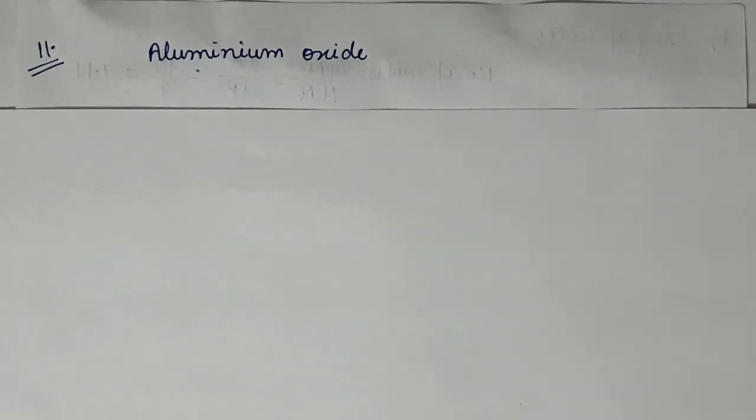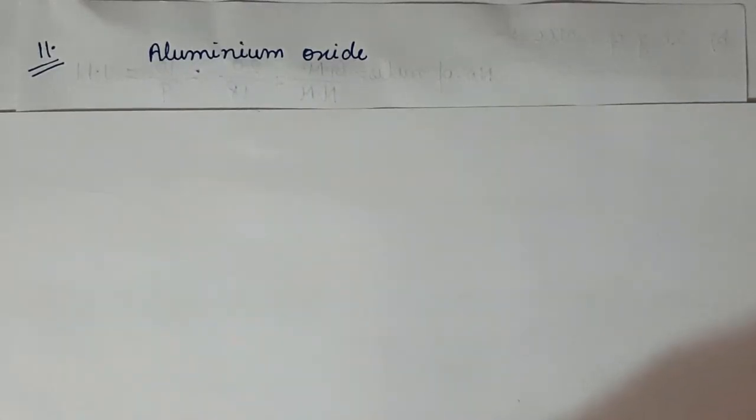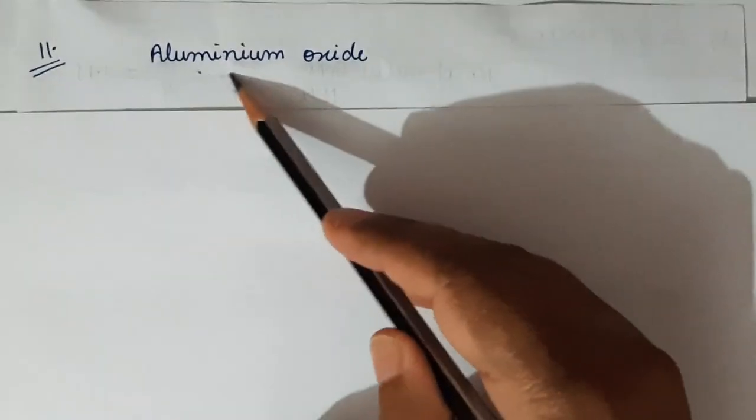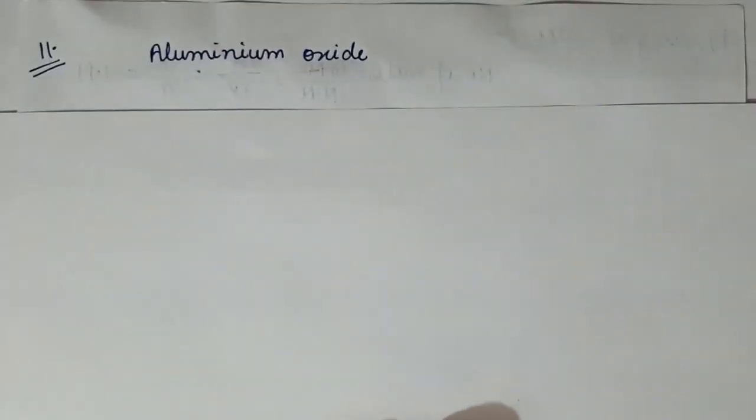Coming to the last question, question number 11 of NCERT exercise. Calculate the number of aluminium ions present in 0.051 gram of aluminium oxide. So first of all, you should calculate the chemical formula of aluminium oxide. What is aluminium?